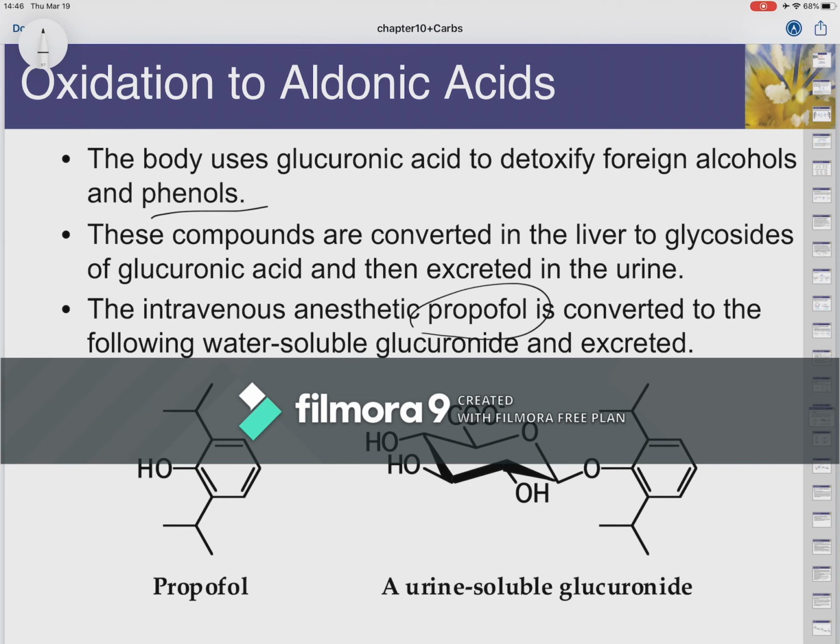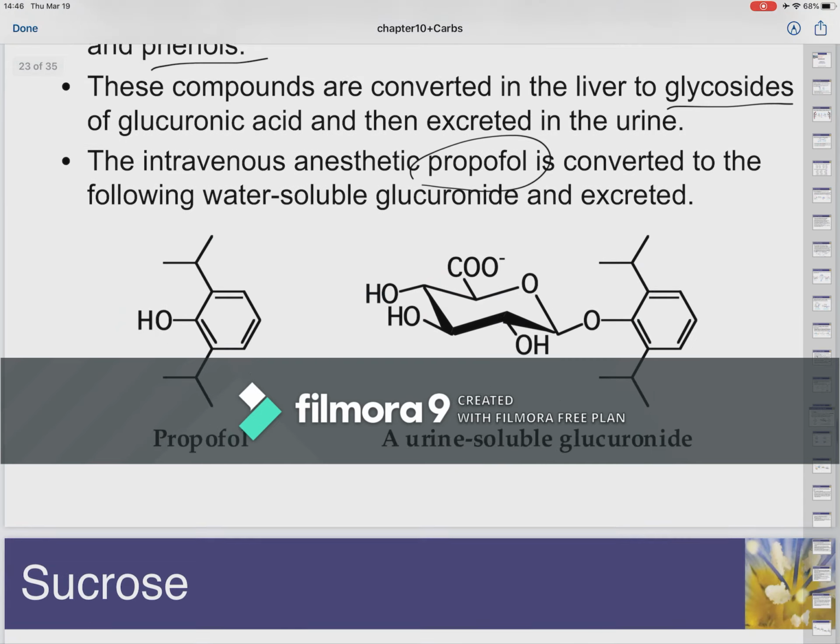It gets out of your body through interactions with glucuronic acid. The compounds that are converted from the glucuronic acid into glycosides are also excreted every day from your body.